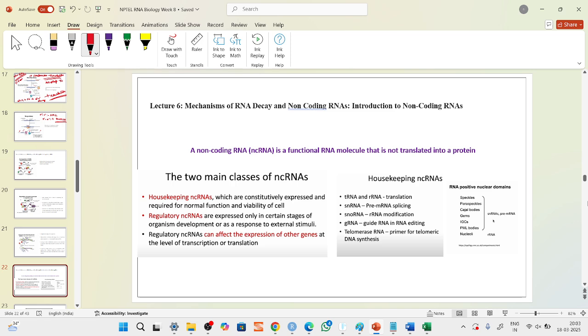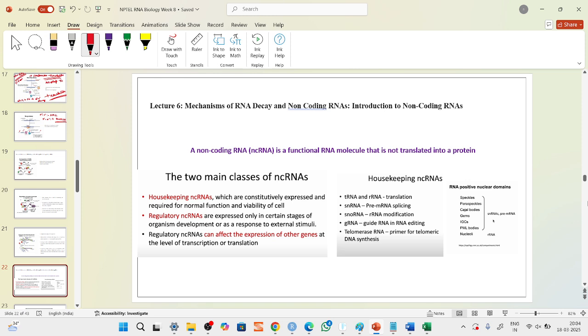So whether we talk about the rRNA or the tRNA, they just help in the translation process, but they do not code. The coding part is done only by mRNA.